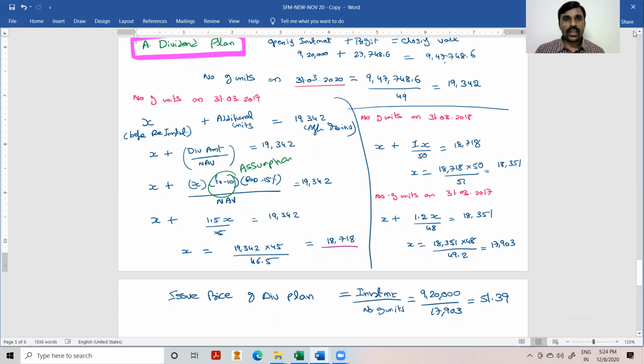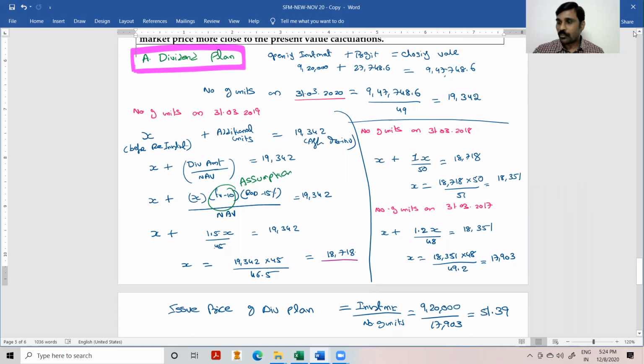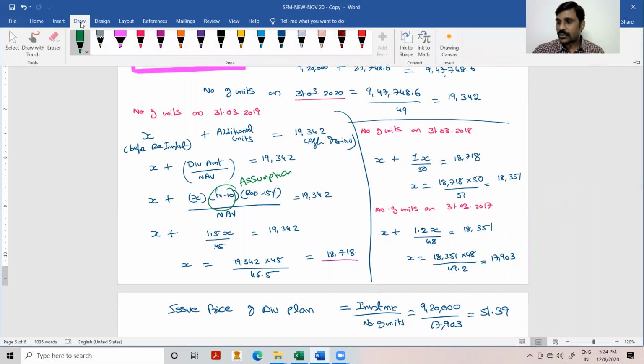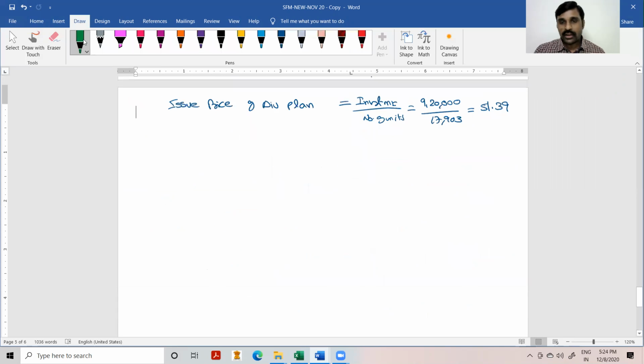This is the dividend plan. Dividend plan issue price is 51.39.